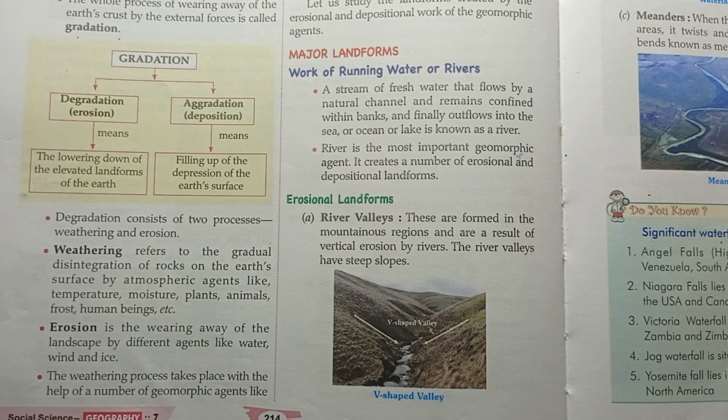It is said that a stream of fresh water means any river, creek, canal, ditch, or other natural or artificial watercourse in which fresh water flows continuously or periodically by a natural channel and remains confined.